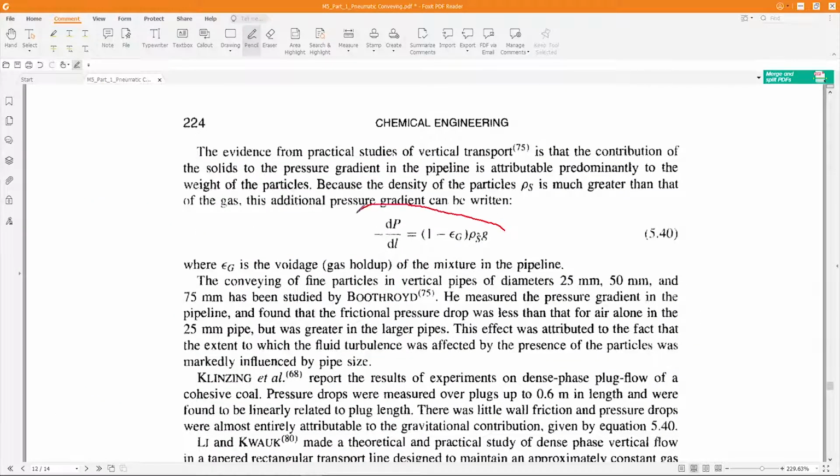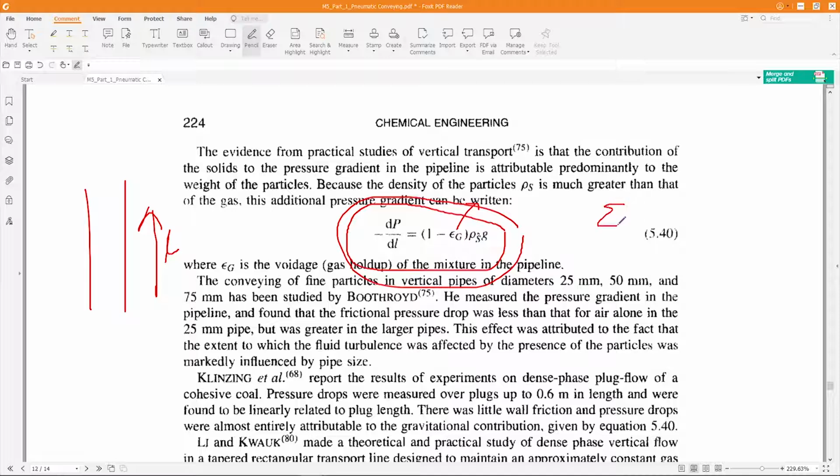So the pressure variation along the length, in this direction, is given as: delta P by delta L equals minus (1 minus epsilon g) rho s g. Epsilon g is the void fraction. Void fraction is the volume of the voids, the empty spaces, divided by the total volume.